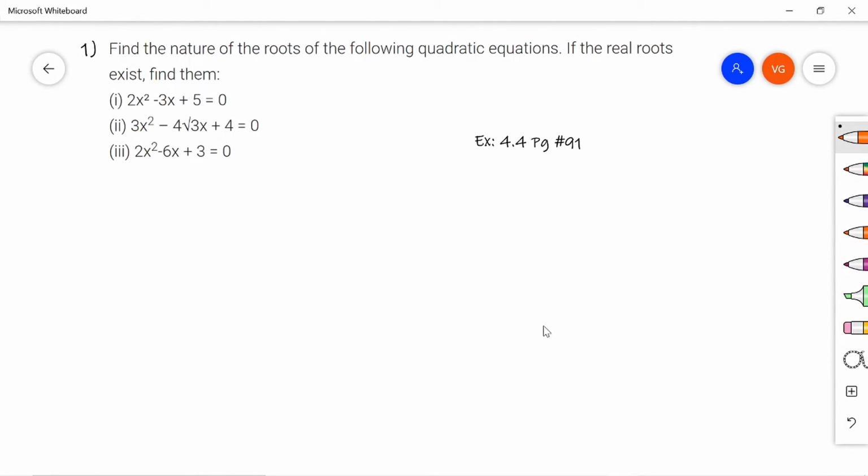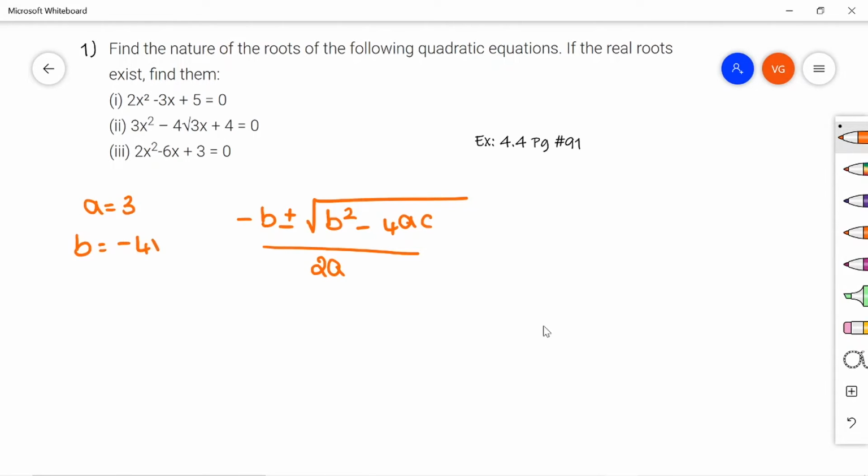Now we have to find out what are the two roots for this given equation. To find out the roots for this equation, use the formula minus b plus or minus square root of b square minus 4ac divided by 2a. So from this we know a is equal to 3, b is equal to minus 4 root 3 and c is equal to 4. So just substitute.